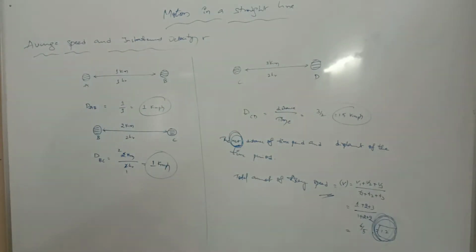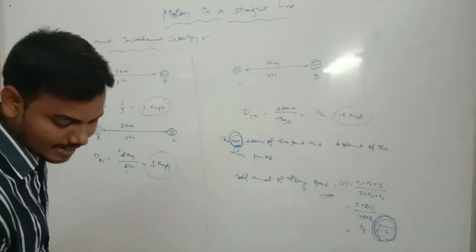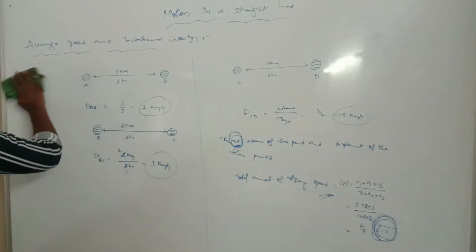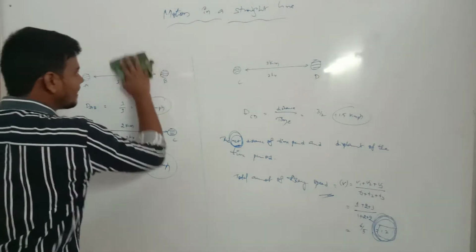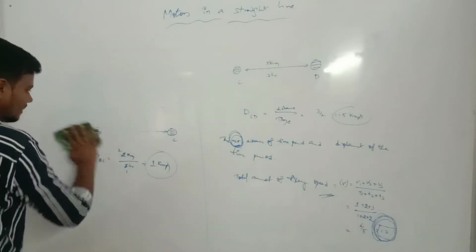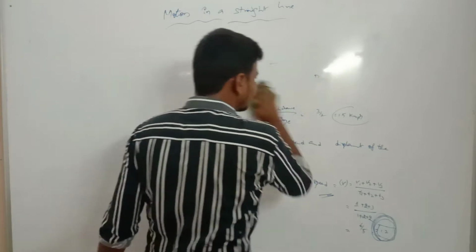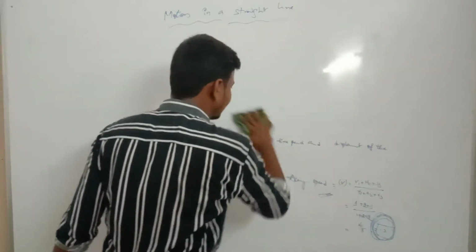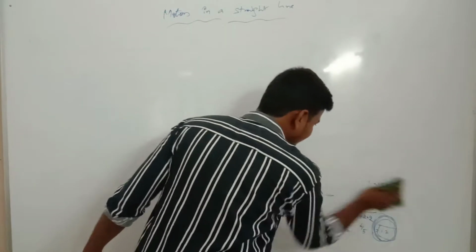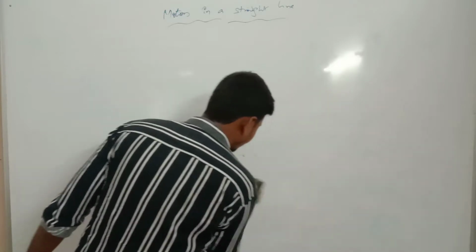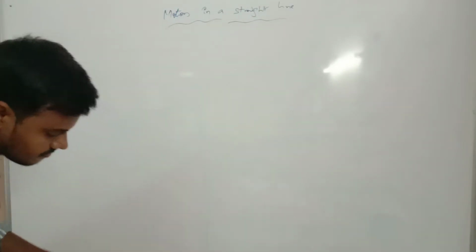Okay, and we are going to the graph property of the distance and time period graph.